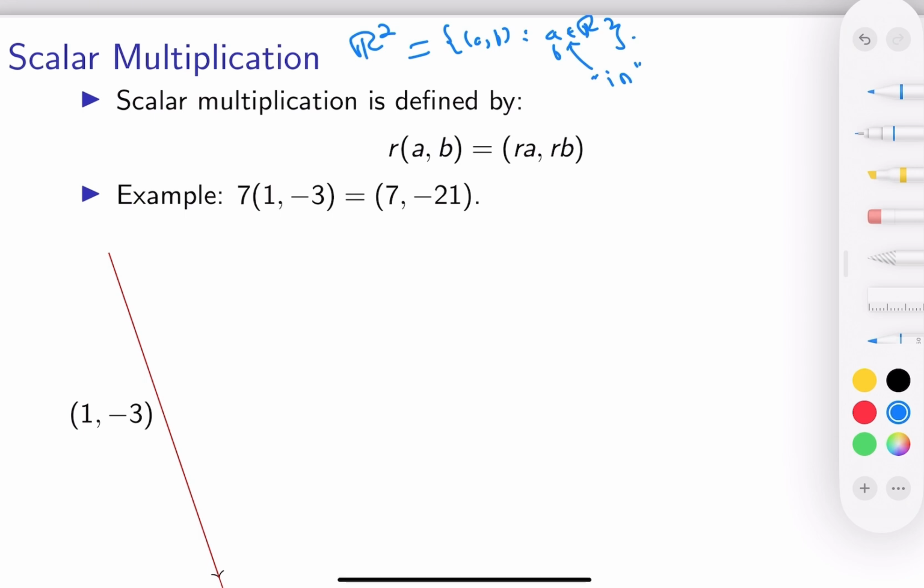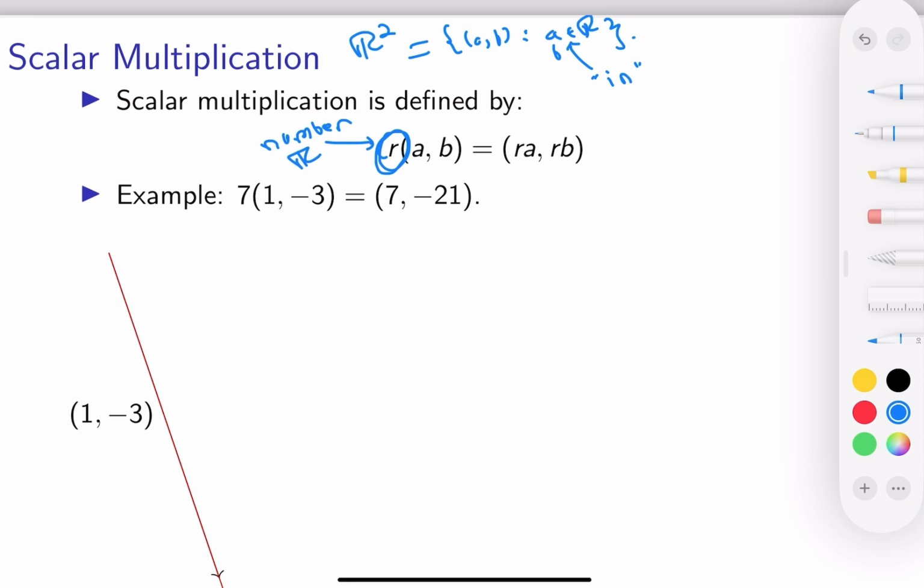We're not going to define what it means to multiply two vectors. What we're going to define is how to multiply a vector by a scalar, and by a scalar we mean a number. In this case, we're going to work over R, so we're going to be multiplying by real numbers.